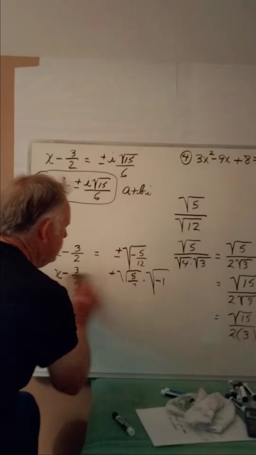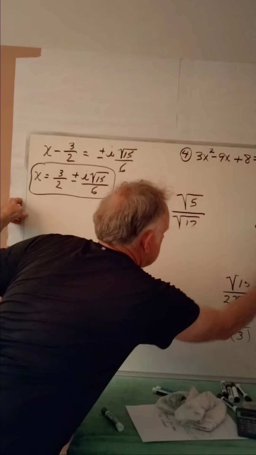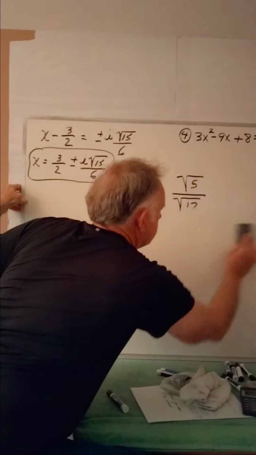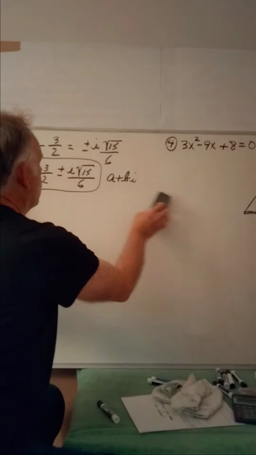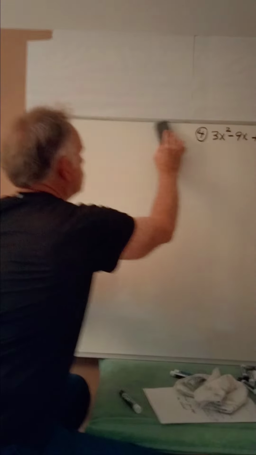So that's solving a quadratic equation by completing the square. Now I want to make a comment about completing the square before we leave it and move to a couple of application problems that we're going to deal with. So I want to mention this to you.